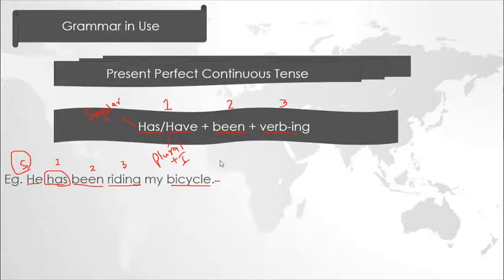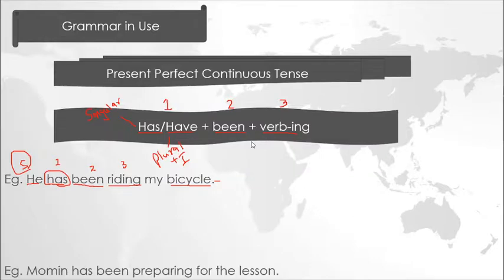If I say he has been riding my bicycle since 4 o'clock, it means he started riding my bicycle at 4 o'clock and he is continuing to ride my bicycle now. So this means something which took place and is continuing to take place. So it has three components: has/have, been, and verb with ing.